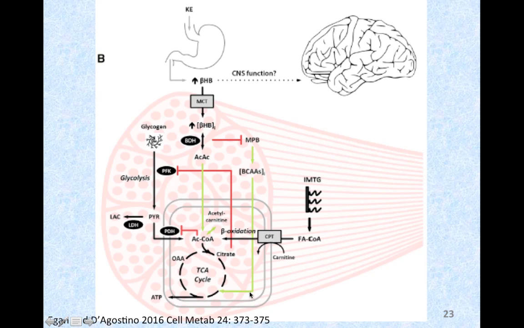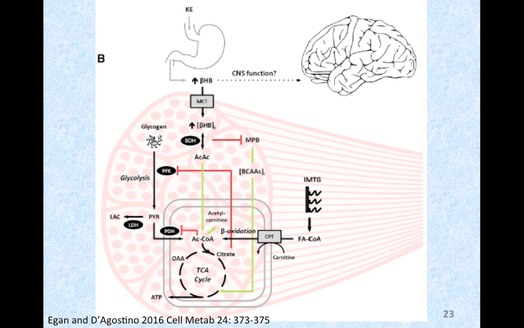And they're able to contribute carbons to the TCA cycle, because remember, they can become acetyl-CoA and succinyl-CoA. The skeletal muscle seems to have a way of sensing when that's not necessary. If beta-hydroxybutyrate is there, we don't have to break down skeletal muscle to get branched-chain amino acids. So this is a potential advantage of increasing beta-hydroxybutyrate levels in skeletal muscle through ingestion.